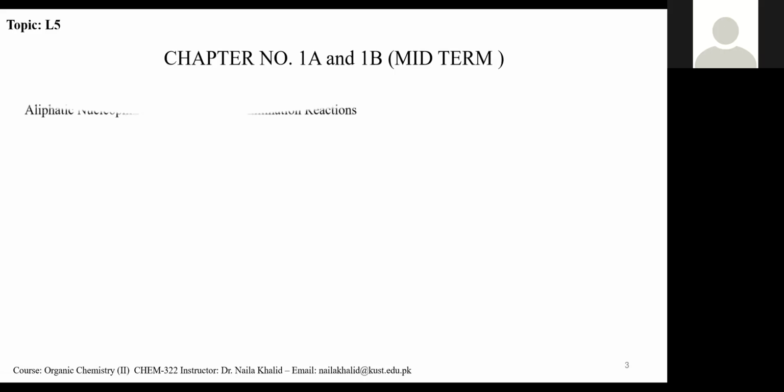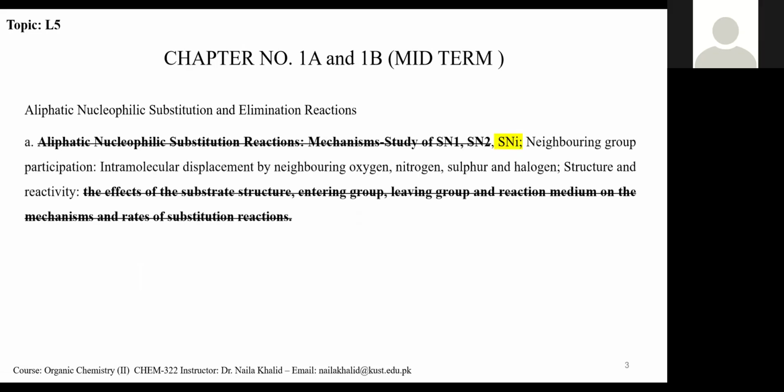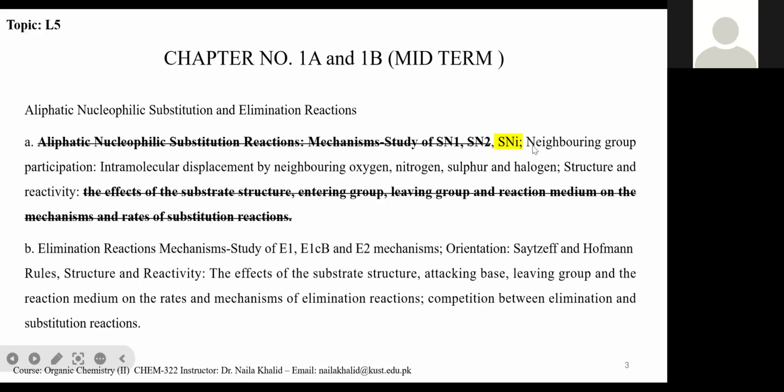This is part of your course. The chapter is aliphatic nucleophilic substitution and elimination, and this topic has been taken from your course.